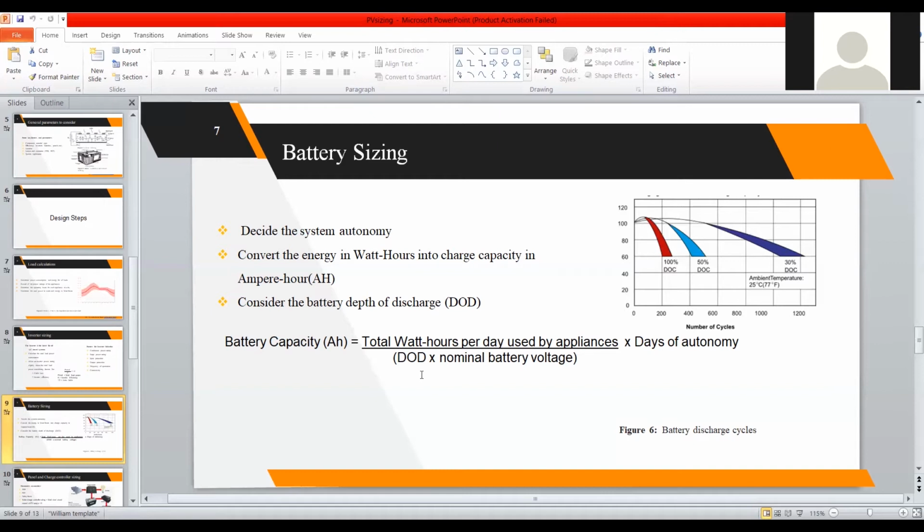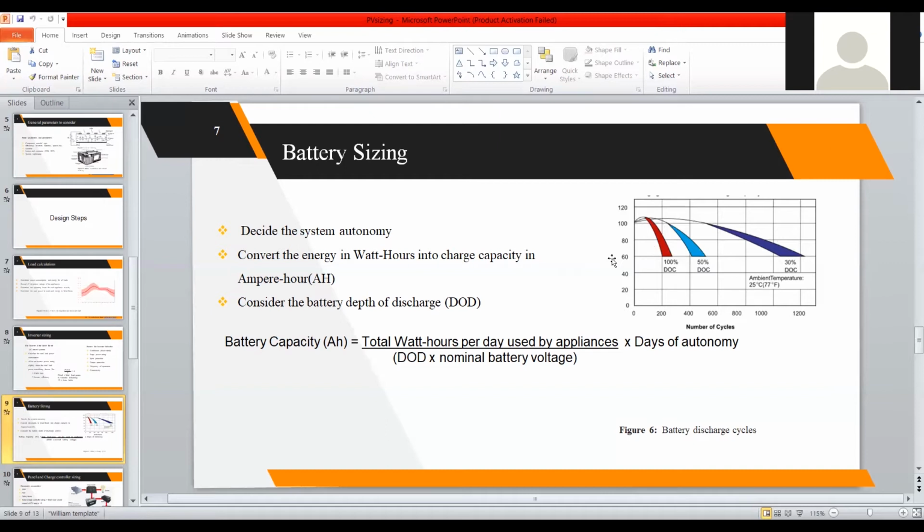Then some of the parameters you would want to look at when you're selecting the battery is what we see here, the depth of discharge. So the depth of discharge basically tells you how much of the battery you are draining off. Practically, ideally, the best depth of discharge is supposed to be 1.